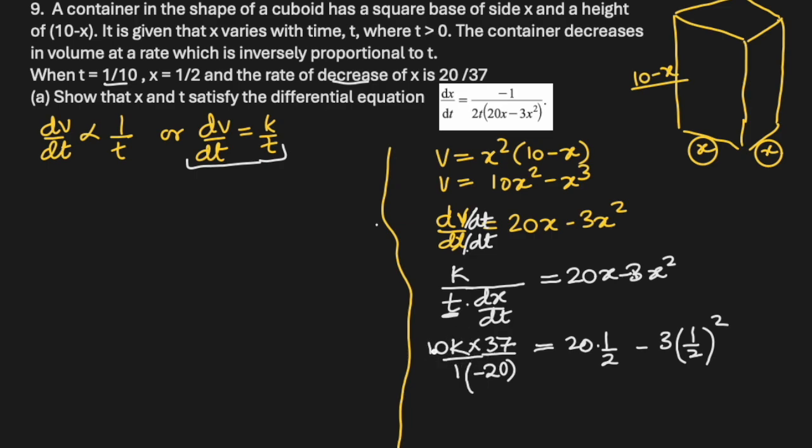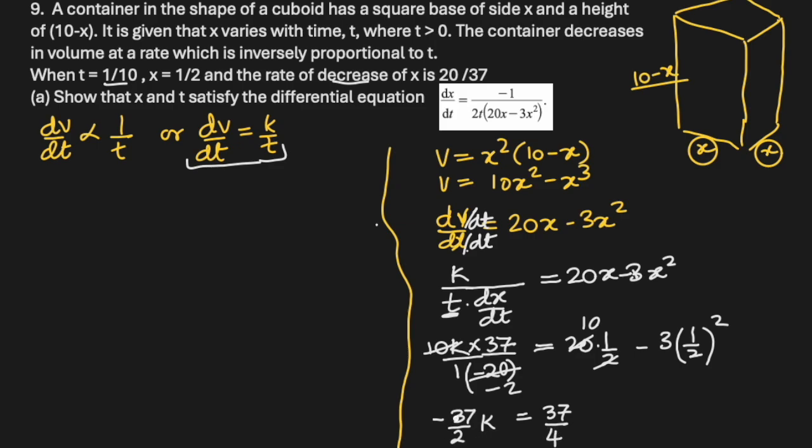So it becomes what? 10 and minus 20 can cancel, we get minus 2. So here we get minus 37 over 2k overall. This is 10 minus 3/4. 3/4, so 40 minus 3, 37 over 4.